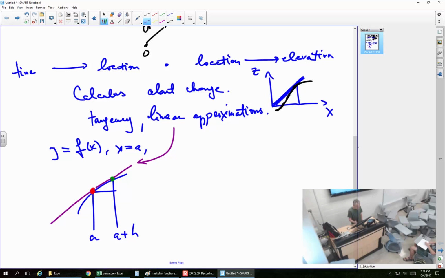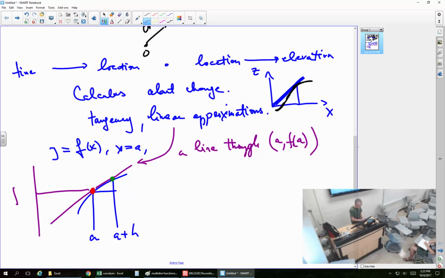Okay, so the linear approximation is a line to begin with, a line through the point a, f of a. Okay, so this is f of a, and that's one thing we need to know about the line. The second one is the slope. What's the slope?